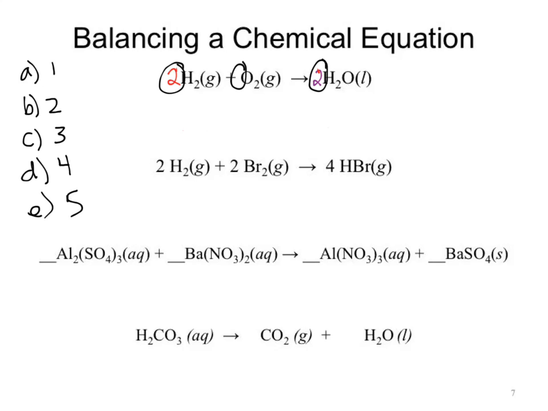E, 5. 2 plus 1, where's the 1 coming from? There's an implied 1 in front of that oxygen. 2 plus 1 is 3 plus another 2, 5. So 5 is a good answer. What's the coefficient in front of hydrogen gas? 2, or B. What's the sum of the coefficients for the reactants?